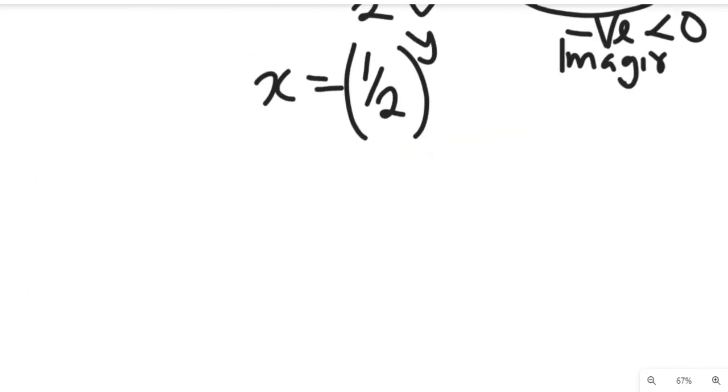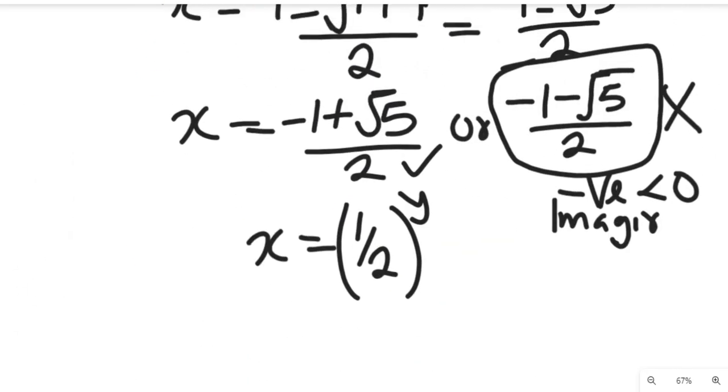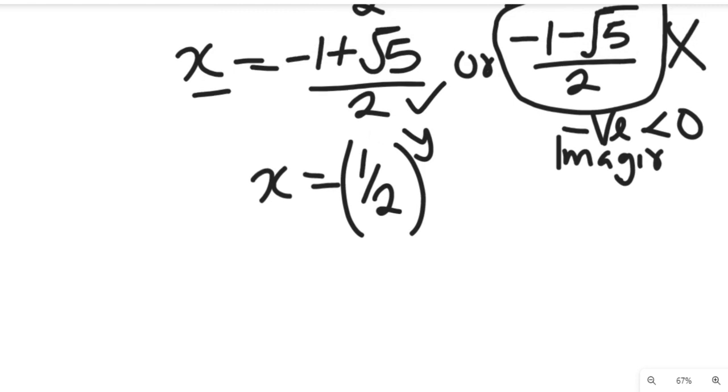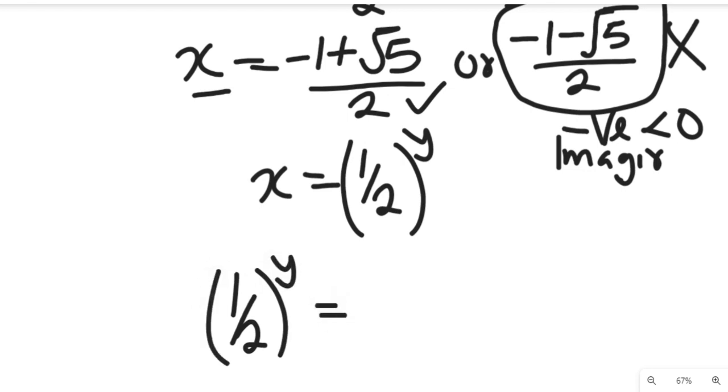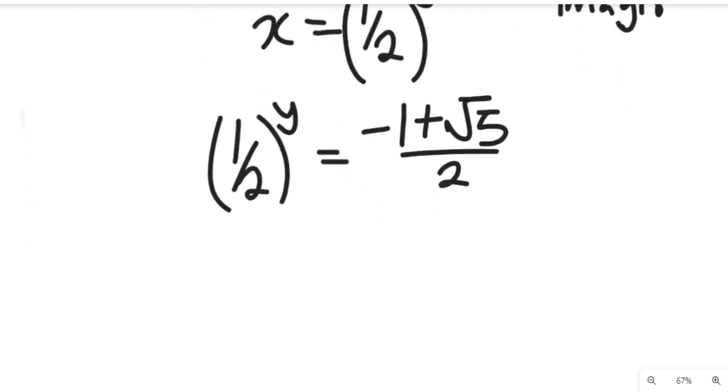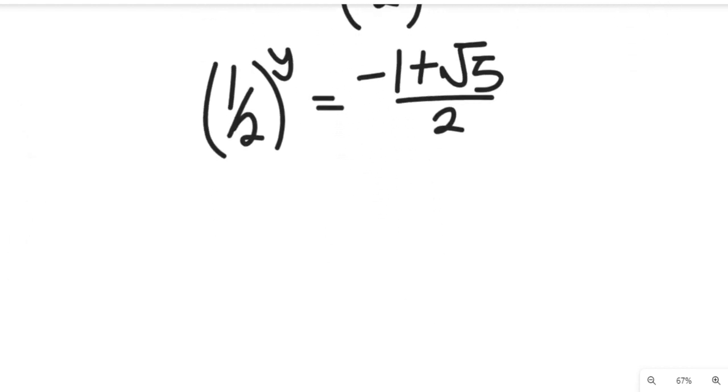So if we substitute the value of x into this expression, we are going to have that solution to now become 1 divided by 2 all to the power of y equal to negative 1 plus square root of 5 divided by 2. The only way we can solve this equation is by using the logarithm.